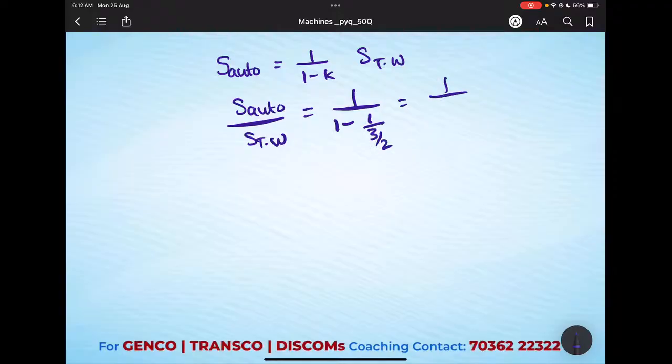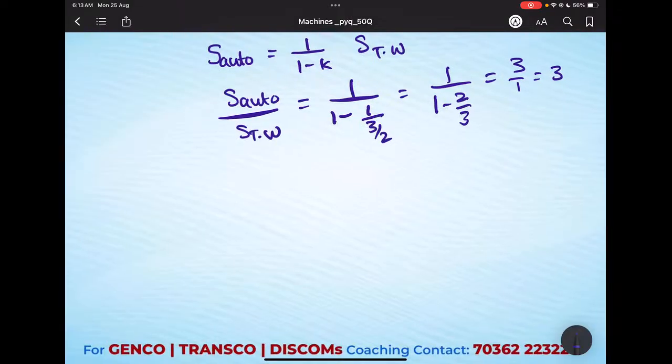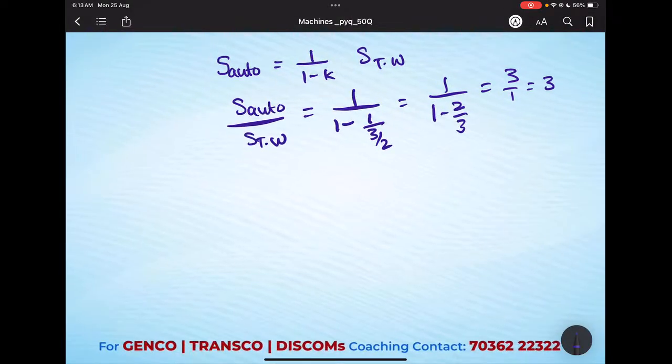From this, what will come? 1 minus 2 by 3, that is 3 by 1. So S auto by S TW is equal to 3.